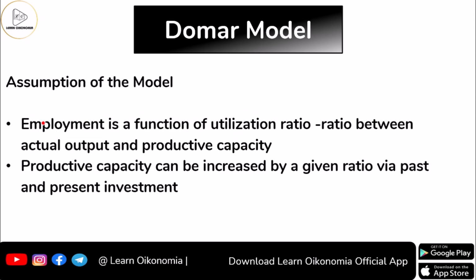Let's see these. So this model assumes certain aspects here. The model assumes that employment is a function of the utilization ratio. And what is the utilization ratio? It shows the ratio between the actual output and productive capacity. Let actual output be A and productive capacity be P. So A is to P, this will represent the utilization ratio.